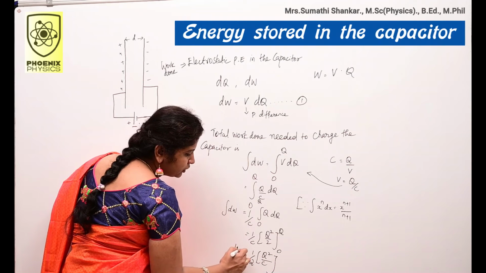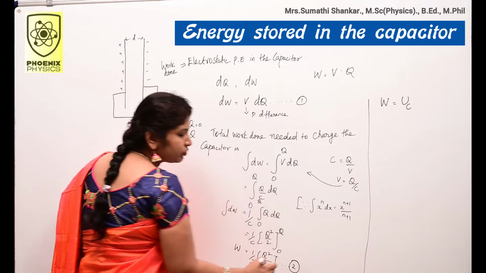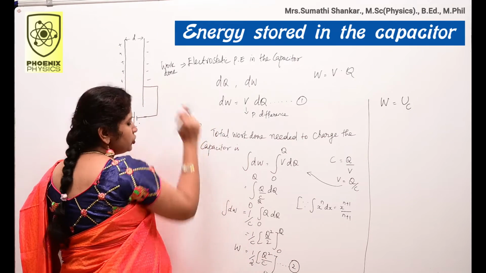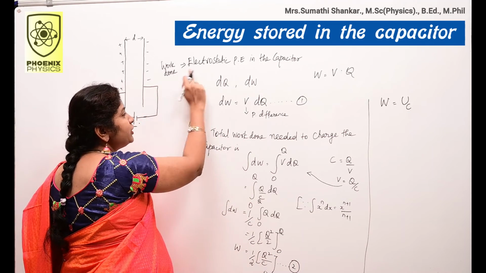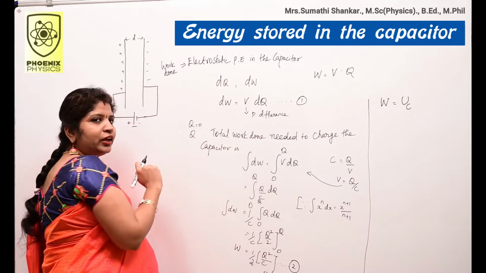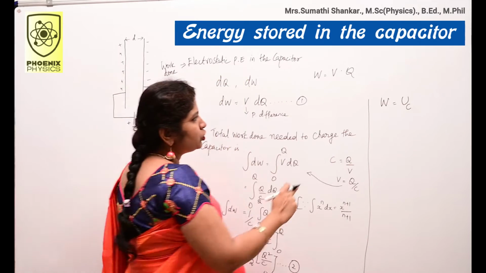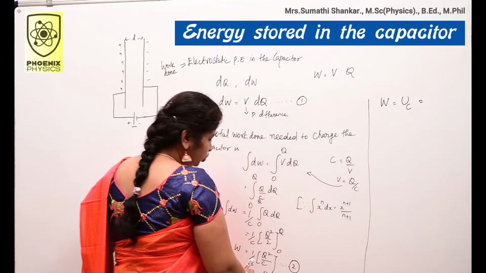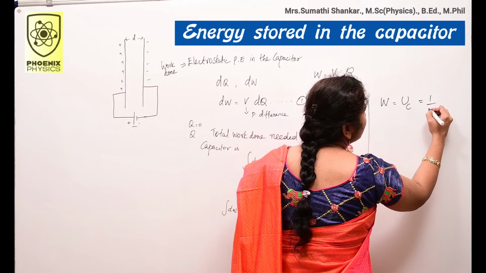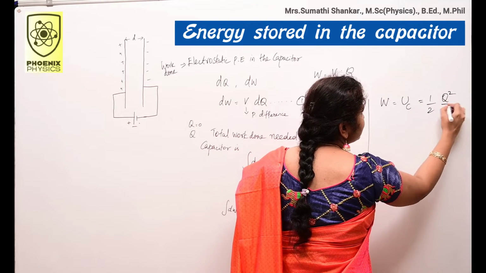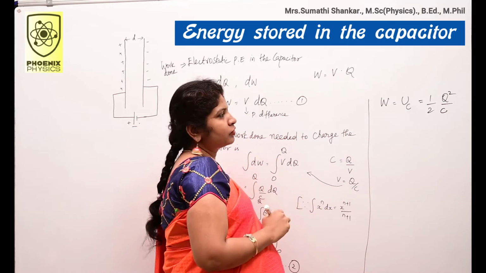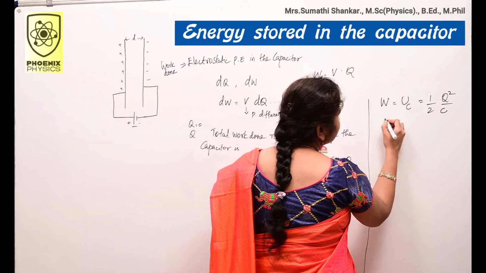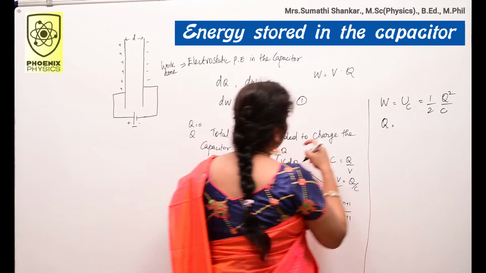This is your W. You know that this work done is stored as electrostatic potential energy in the capacitor. So W is equal to UC, that is equal to half Q square by C. You know the relation, what is Q?